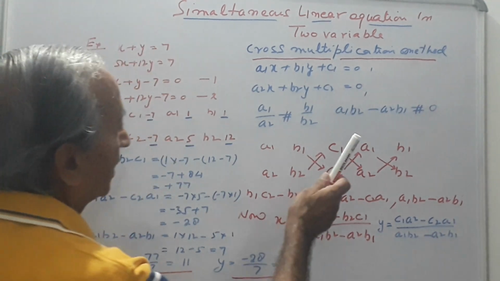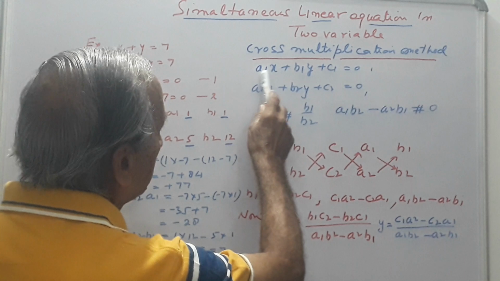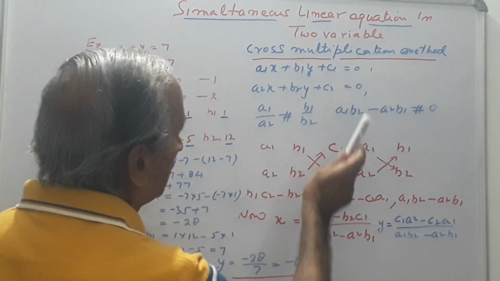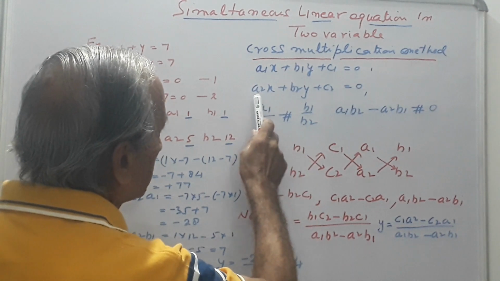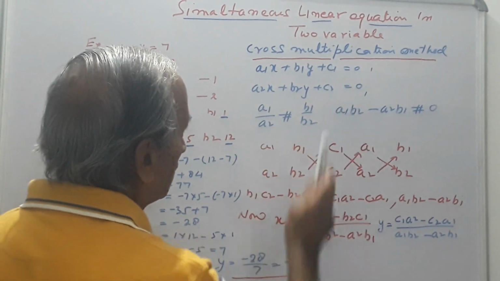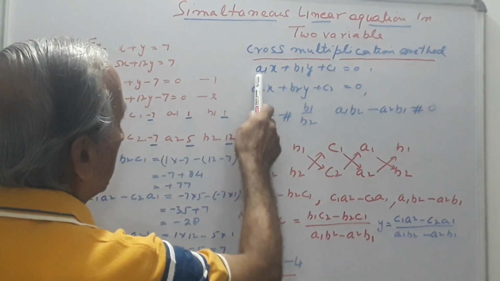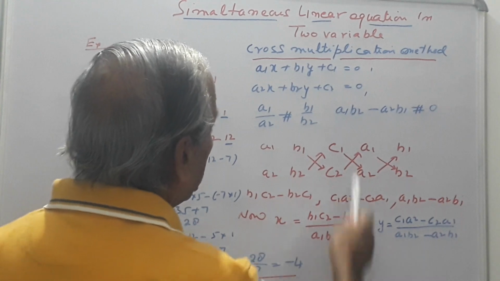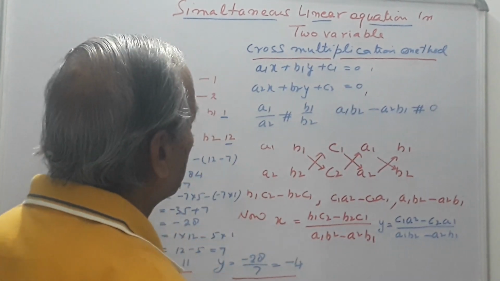So if we take the equation a1x plus b1y plus c1 is equal to 0, and the second equation is a2x plus b2y plus c2 is equal to 0. Here a and b are the coefficients of x and y, and c is the constant term.